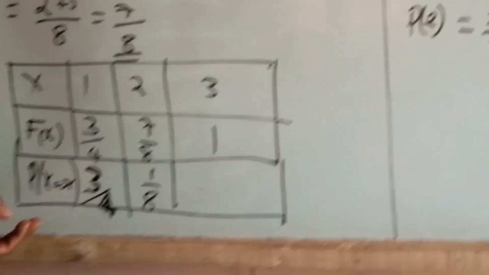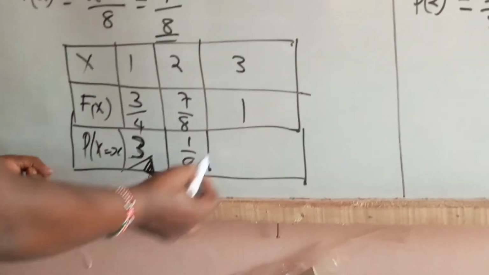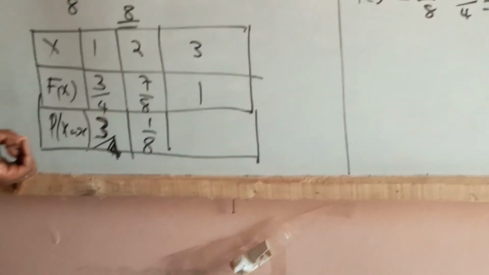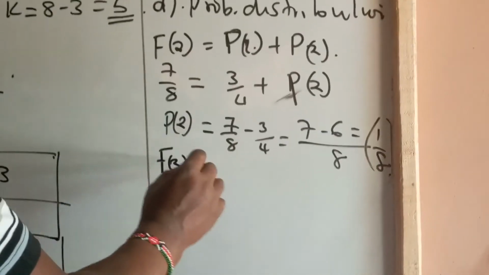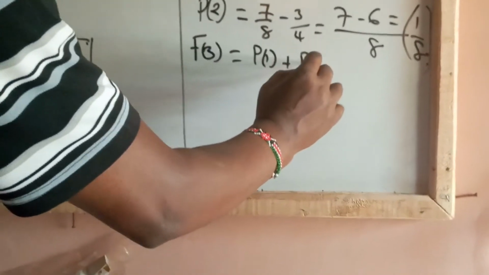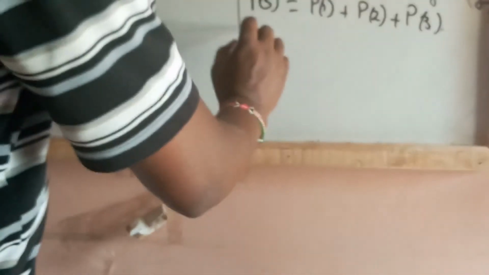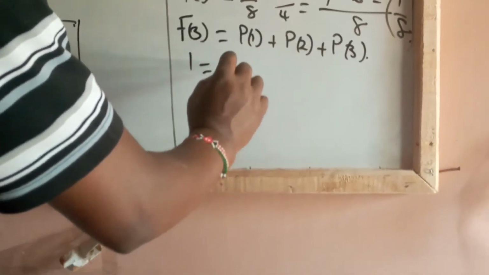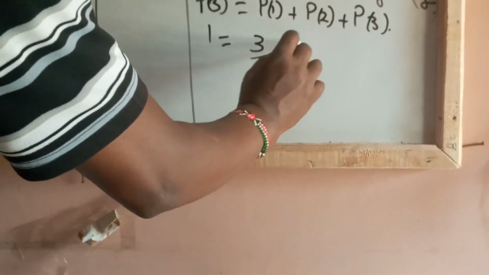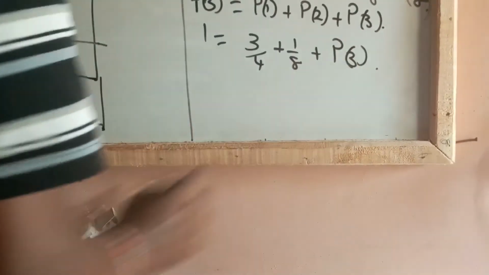What about the probability of 3? The probability of 3 is 1 minus all this, because F(3), which is 1, is given by the probability of 1 plus the probability of 2 plus the probability of 3. This means 1 equals 3/4 + 1/8 + the probability of 3, which is not known.